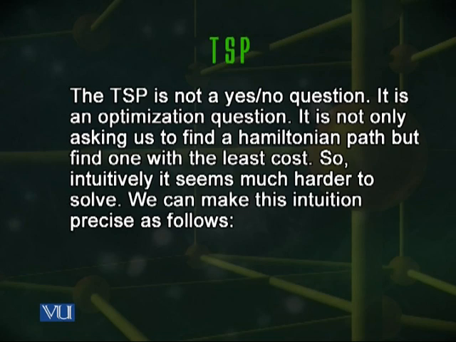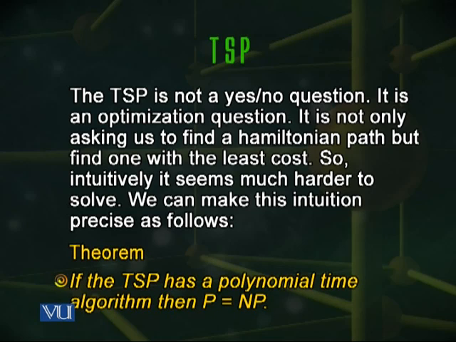We can make this intuition precise by proving the following theorem. The theorem says that if the TSP has a polynomial time algorithm, then P would be equal to NP. Thus, finding a polynomial time algorithm for the TSP will have the same consequence as finding a polynomial time algorithm for any NP-complete problem.